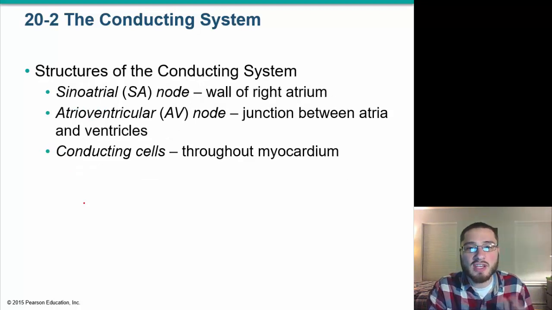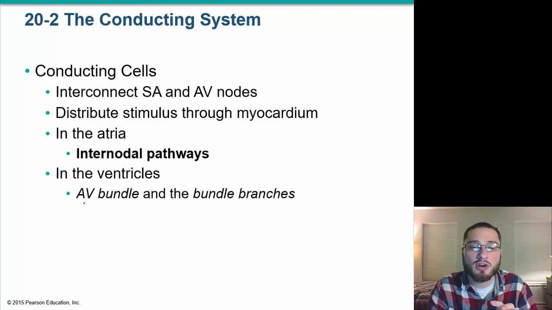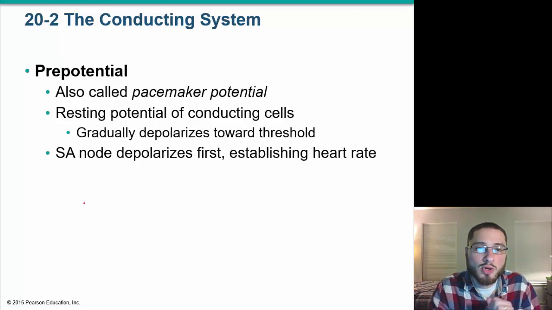So you have the SA node in the right atrium. Then you have the AV node, which is a junction between the atria and the ventricles. And then you have the conducting cells throughout the myocardium. These conducting cells interconnect the SA node and the AV node, and they distribute the stimulus through the myocardium.